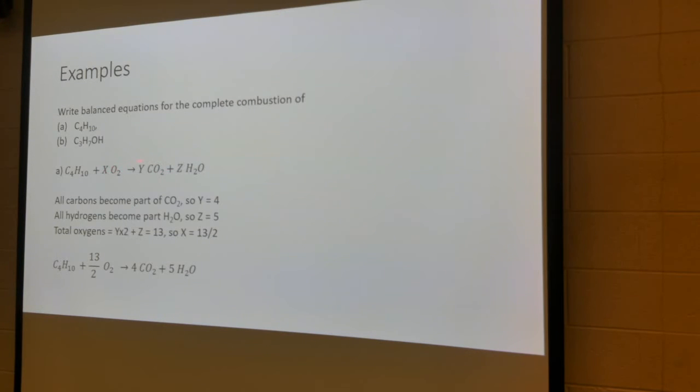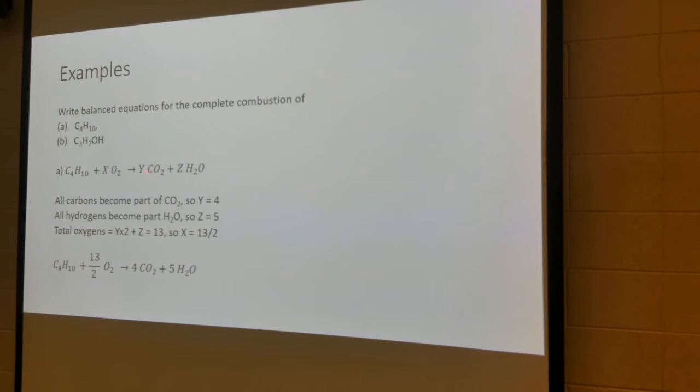Let's look at either carbon or hydrogen, because carbon is exclusive to the CO2. There's no carbon in water. If in the beginning I had 4 carbons, I'm going to have a total of 4 CO2 molecules, because it's 4 times 1 carbon. So Y equals 4. That's easy to find, so we already found Y.